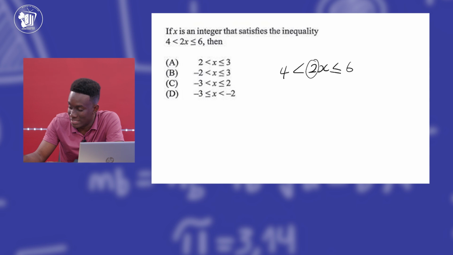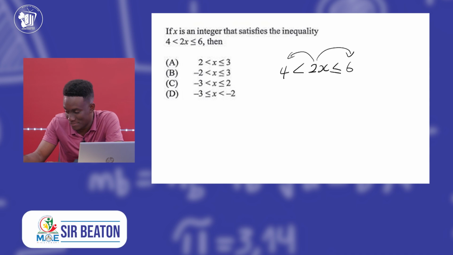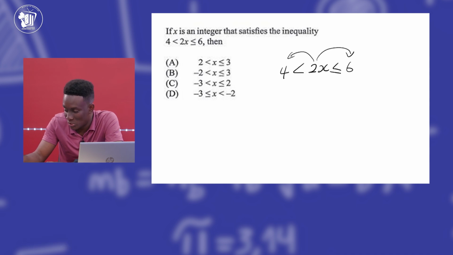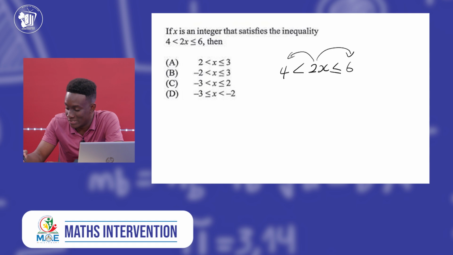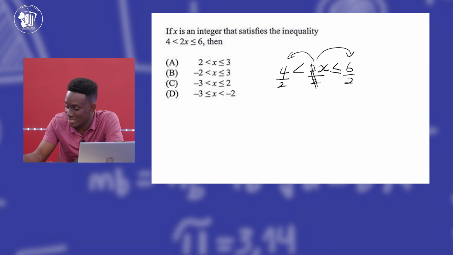We want to isolate the x, so we need to take over this 2. We're taking this 2 over both sides at once. The 2 is multiplying, so when we take it over on both sides, it will divide.